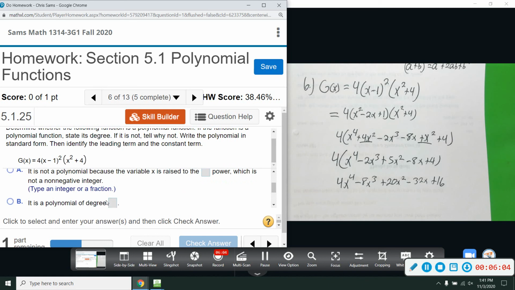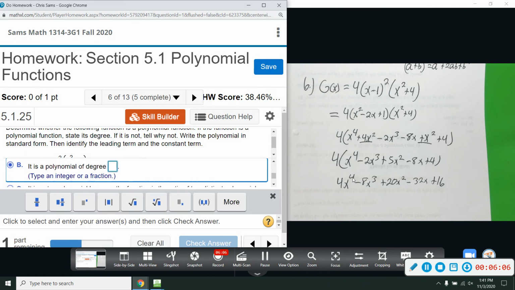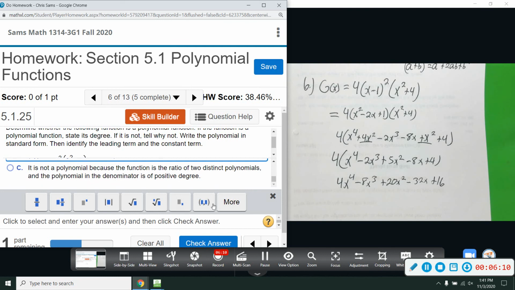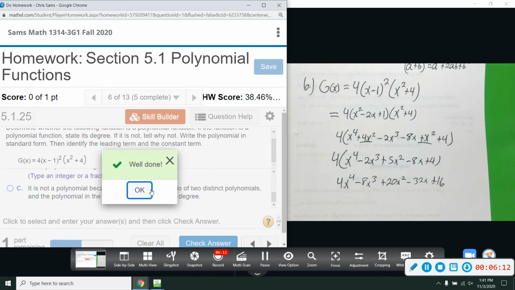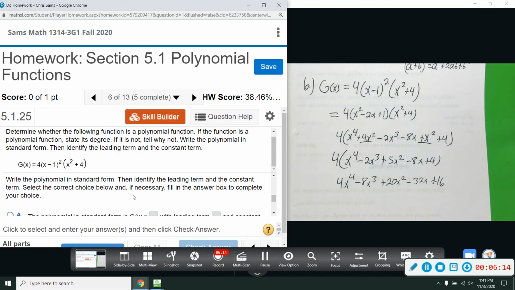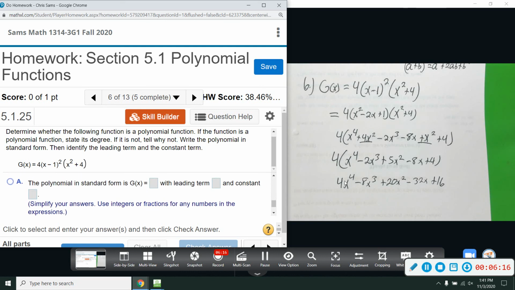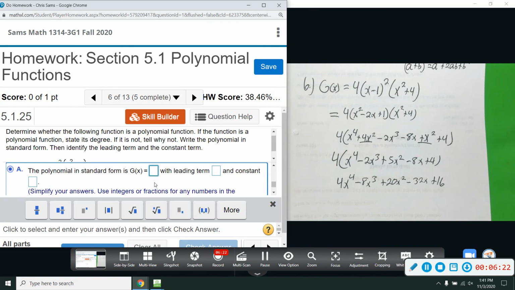And the polynomial has degree 4. And then the leading term is going to be 4x to the 4th. So actually we got to put the whole polynomial in there.